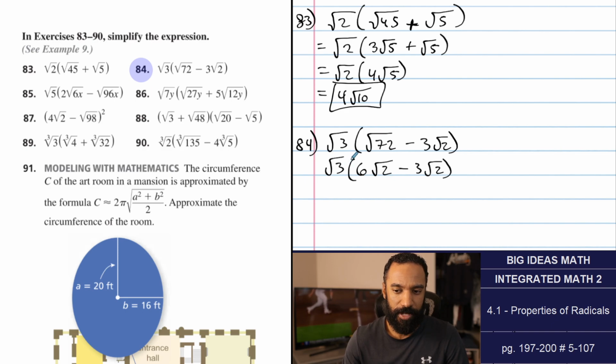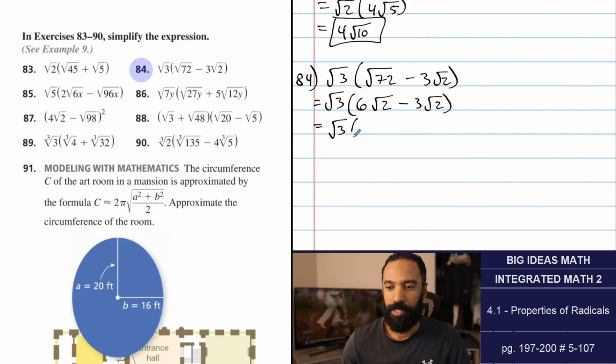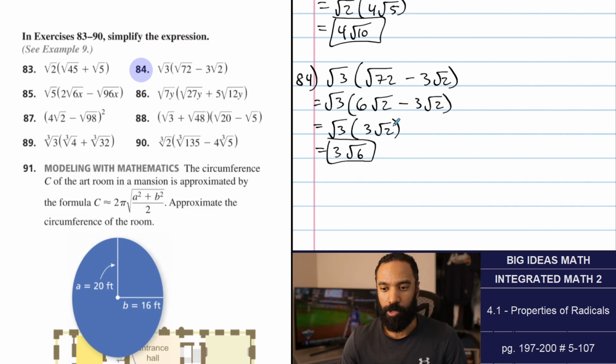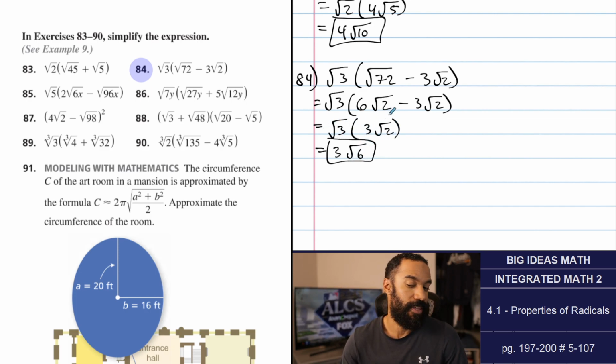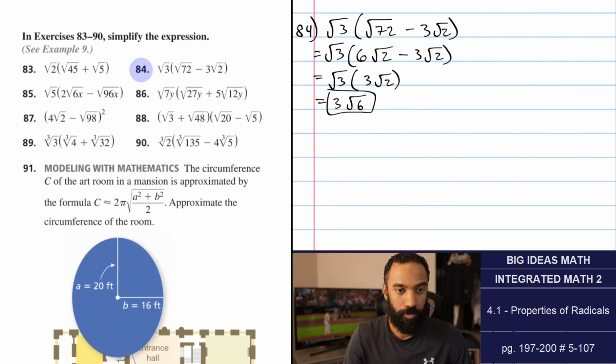I hope I can distribute sometimes, even when I'm simplifying, to make points along the way and show you different outlooks. 6 root 2 minus 3 root 2 is 3 root 2, because I do plan on simplifying earlier whenever I can. Root 3 times root 2 is root 6. You know what else I'm hoping for is that at some point when I multiply these two things, I still have to simplify the inside. You're still not done if what's inside can go further.